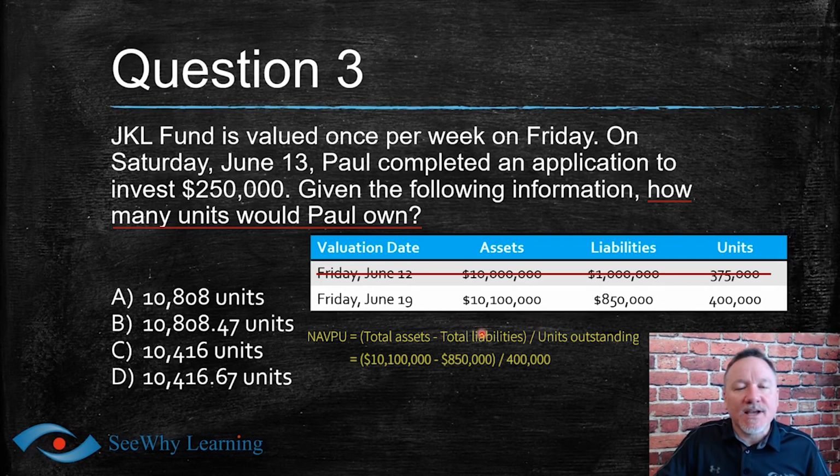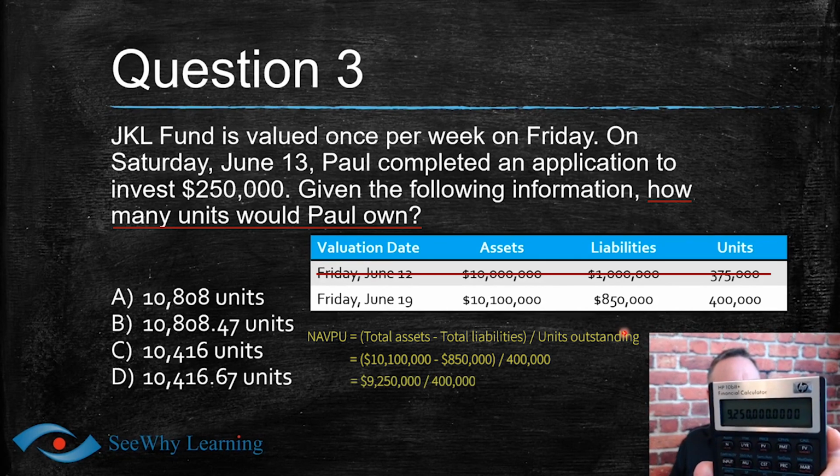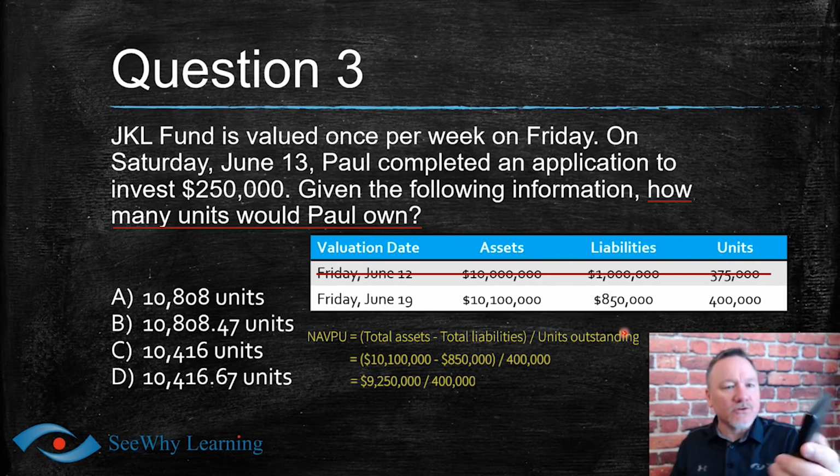All right, $10,100,000 in fund assets. We're going to subtract $850,000 in liabilities. So let me see what that works out to be here. $10,100,000 in fund assets minus $850,000 in liabilities works out to be $9,250,000.